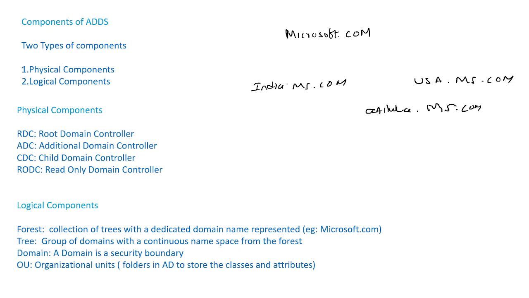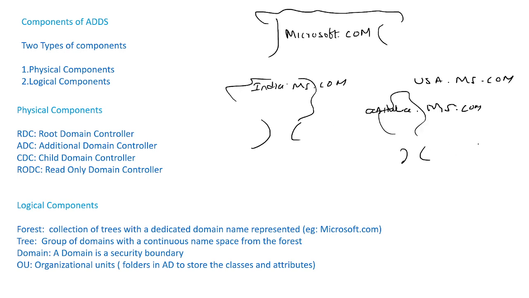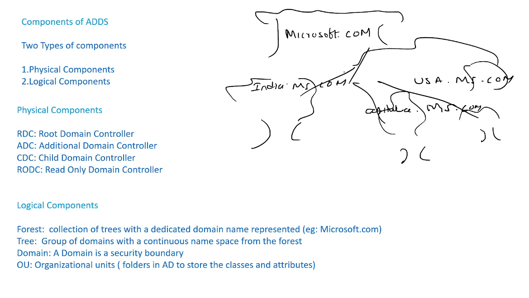So imagine this is a tree. Sorry for drawing the tree like that. So there are multiple trees. See these all together, trees, right? Can we call it a forest?